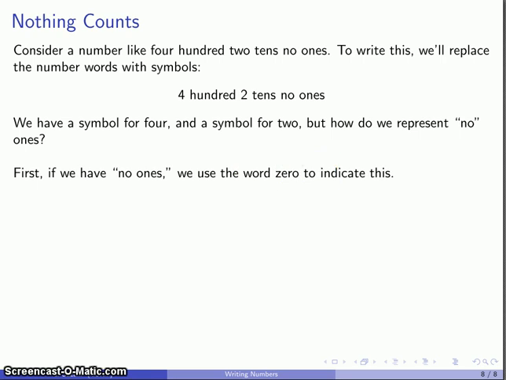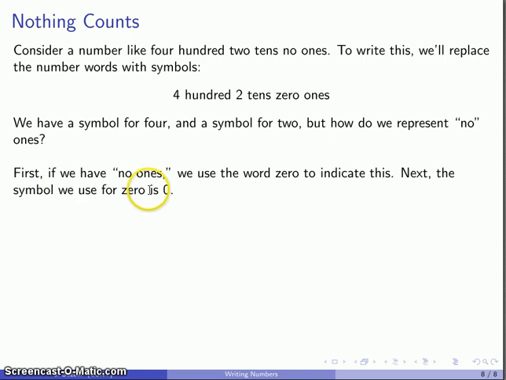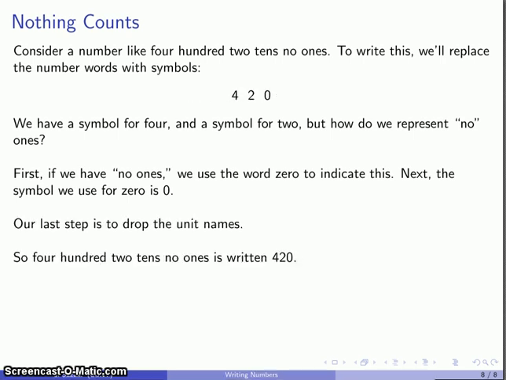So we have 0 ones, and now we need a symbol to represent the number 0, and that symbol is our 0 symbol, which looks very much like an open emptiness. So there are my symbols, 4 hundreds, 2 tens, 0 ones, and my last step is dropping those unit designators, and I get my expression for the number 4 hundreds, 2 tens, no ones.